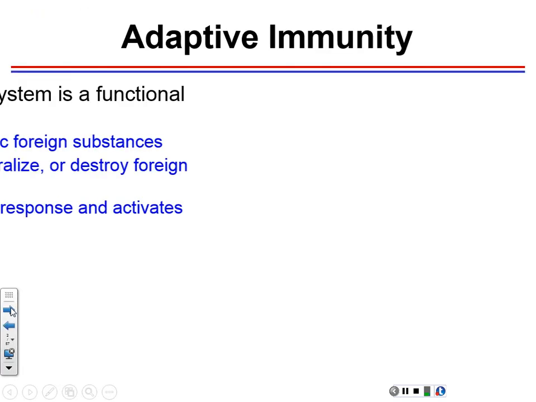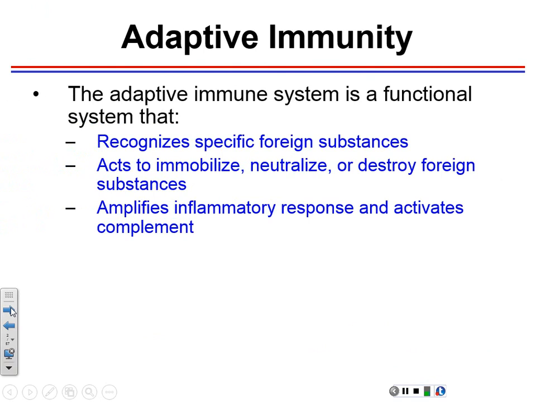Adaptive suggests something that adapts to certain microorganisms. It will be made specifically for that particular microorganism, so it will adapt to that. It will recognize a specific one, that's the important part. These are the differences between innate and adaptive mechanisms.